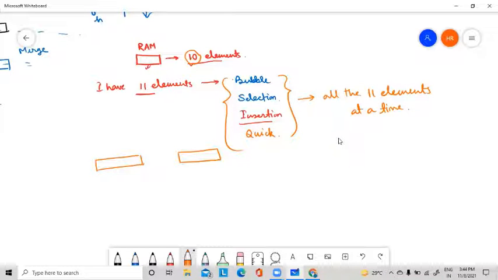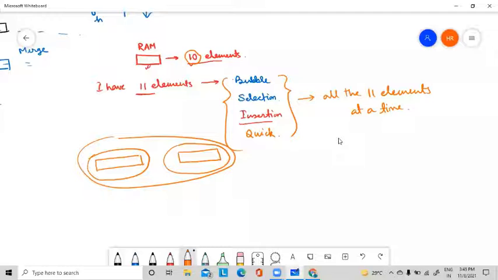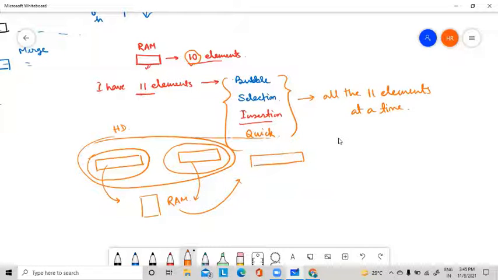If I store these two arrays in my hard disk, then I copy one element from the hard disk, take it into RAM, compare it with another element, and then put it into another array which is in our hard disk. So in case of merge sort, we require two sub-arrays which will be merged.